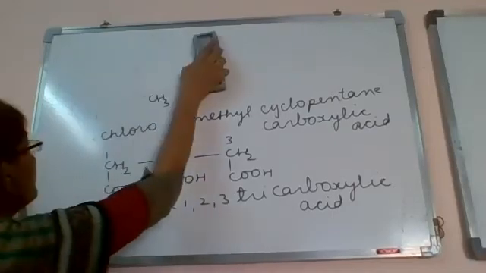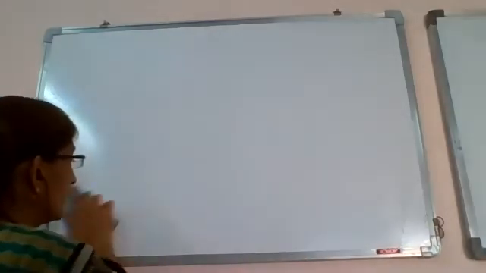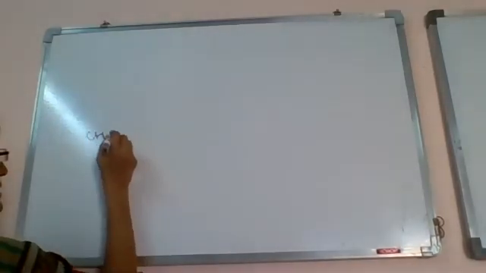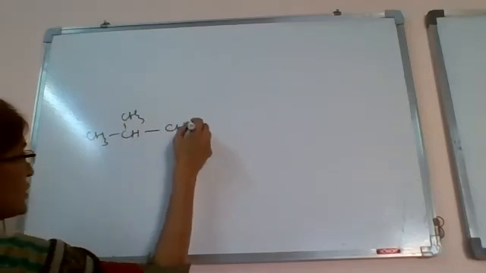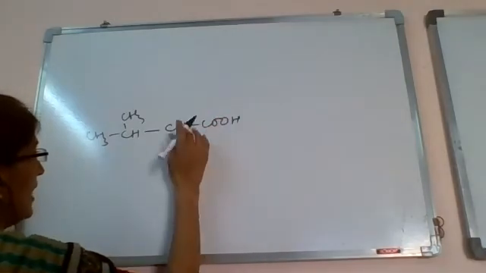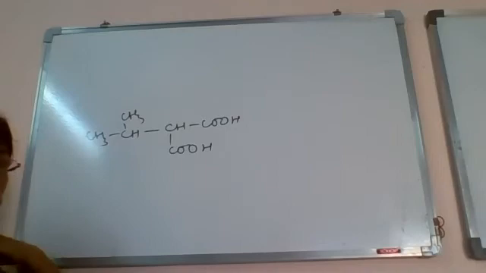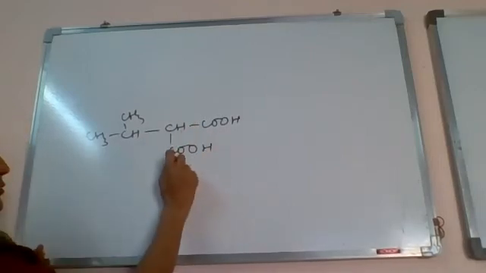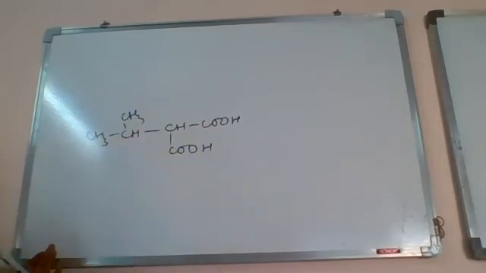Next example. Suppose we have this CH3, CH, here CH3, then CH, here COOH, and here COOH. How to name this compound? If you want to prepare the long chain, the long chain was not 1, 2, 3, 4 carbons.